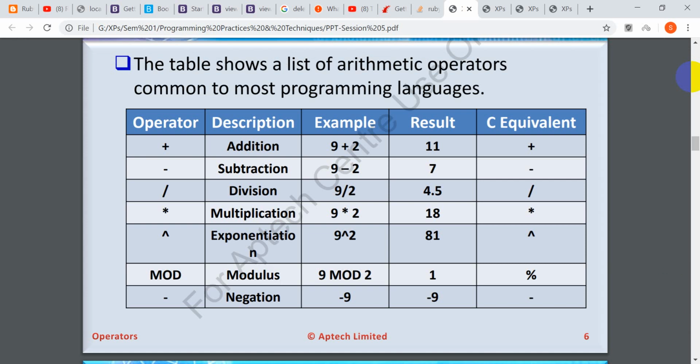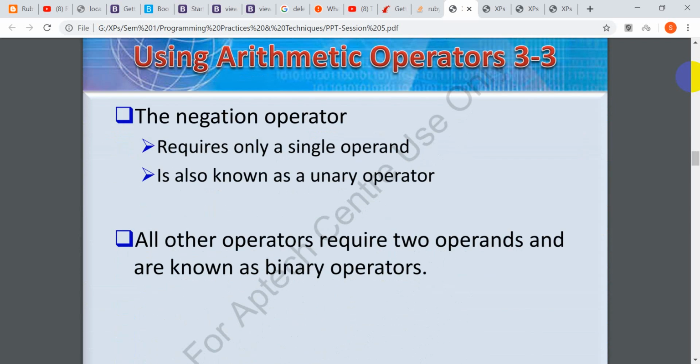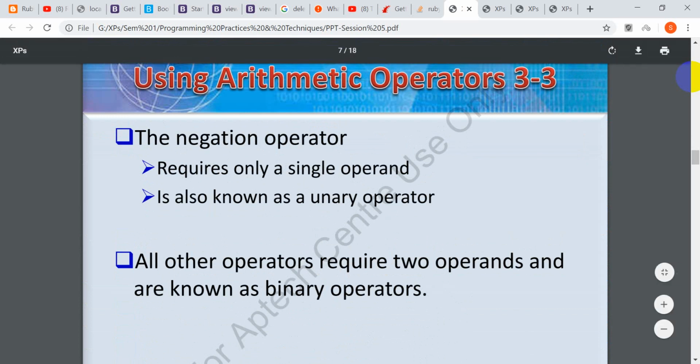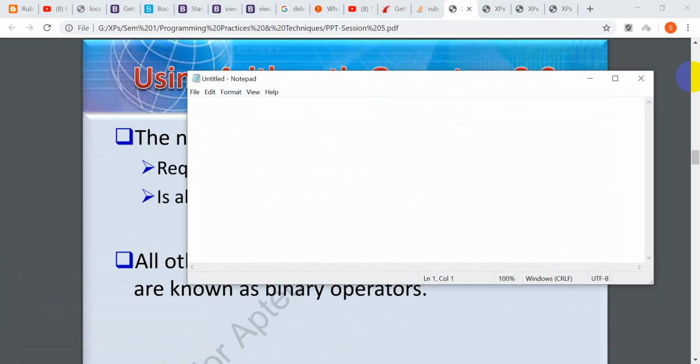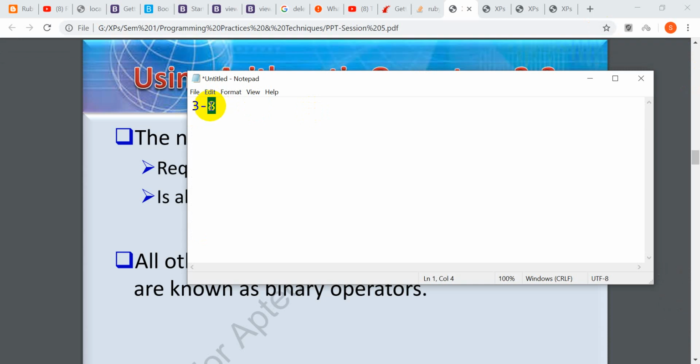Then negation is minus. Here, the negation operator requires only a single operand. Do you know what an operand is? When you have 3 minus 8, this number here is an operand.